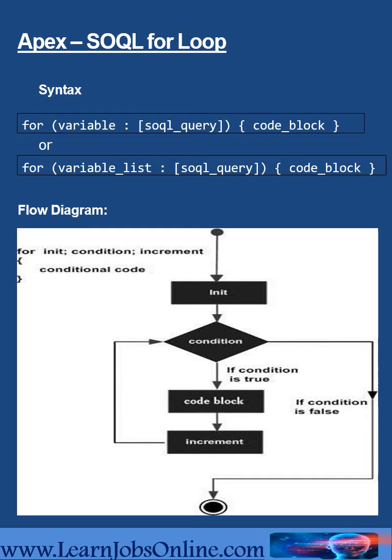Now as we look at the flow diagram, one thing to note here is that the variable list or variable should always be the same type as the records returned by the query. In our example, it is of the same type as Apex_Invoice__c.